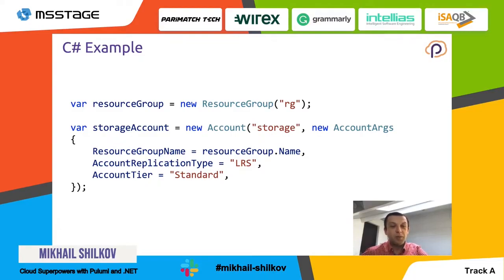And just by the fact of using that variable inside the definition of a storage account, that's enough to create the link between these 2 resources, so that the tool knows the exact order that it has to create them in. So it would start with the resource group. When it's created and its name is known, it will start creating a storage account on top of it.